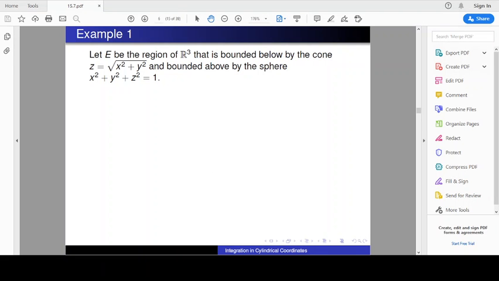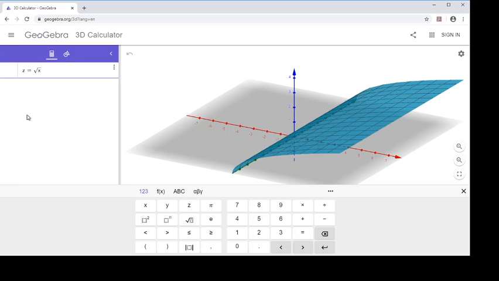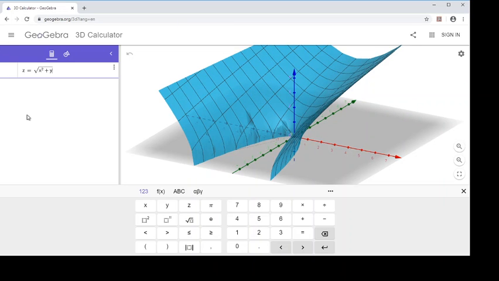So let's see. Here we are. Let's type these in, in case you're wondering how to type something like the cone in. Z equals, we'll write SQRT, and then a parenthesis, and that'll turn into a little square root sign. Then under there, we'll write x squared plus y squared.